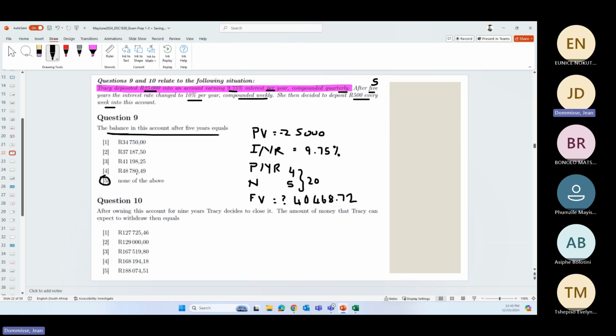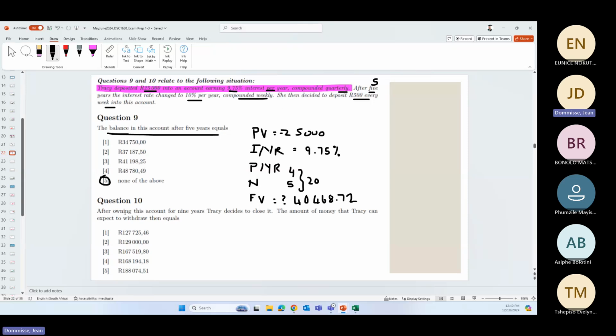So in this exam paper of years ago, you could not even make sure if you're working with the right one. This was terrible. So now that is the future value.